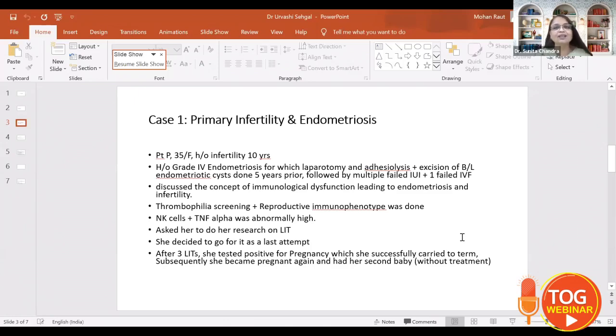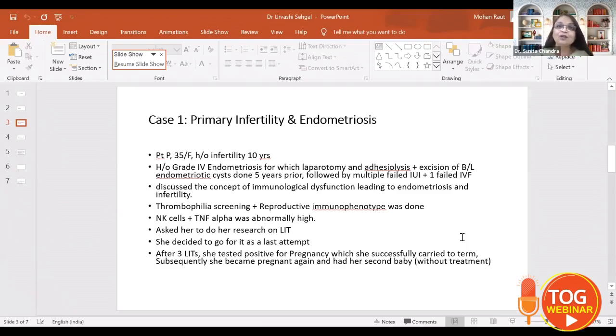Then again for the second pregnancy, she did not conceive for 8-9 years. And again, her TNF-alpha was high, and her cyst was again very, very big. I did a surgery. I'm just quoting this patient because for 2 pregnancies, she had a problem. But later on, she kept on conceiving, and finally I had to ligate her.